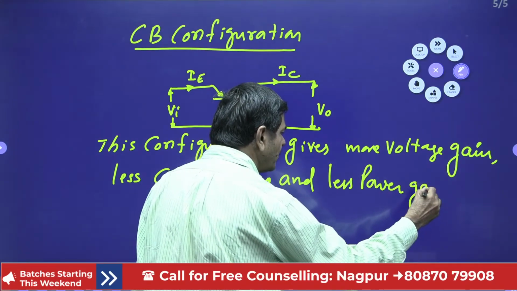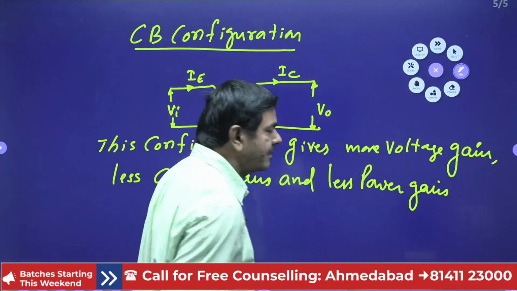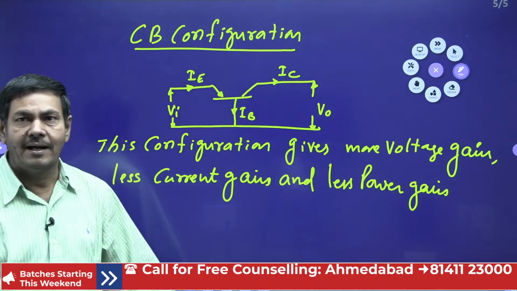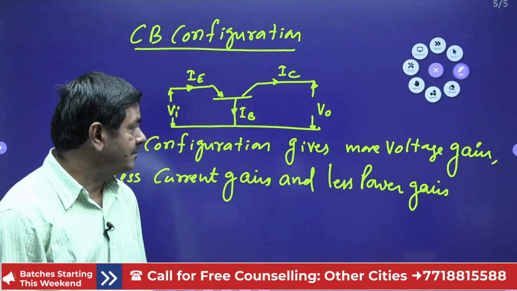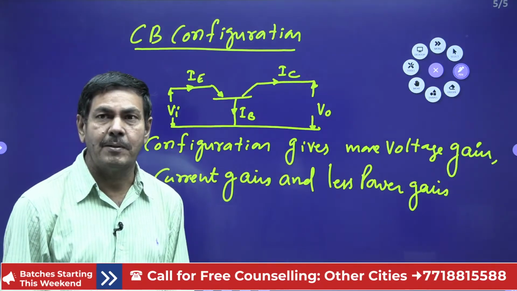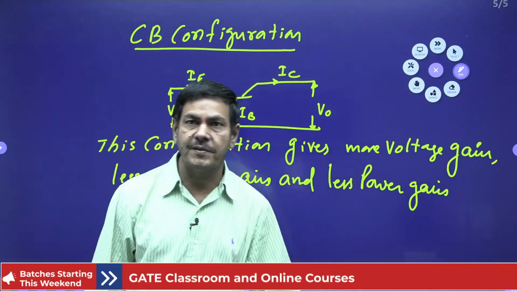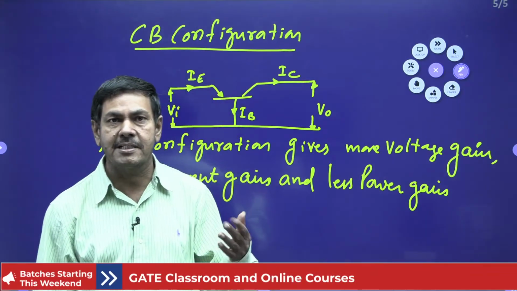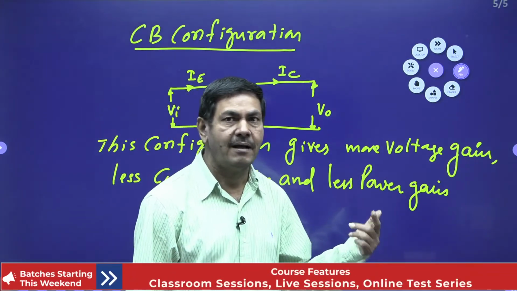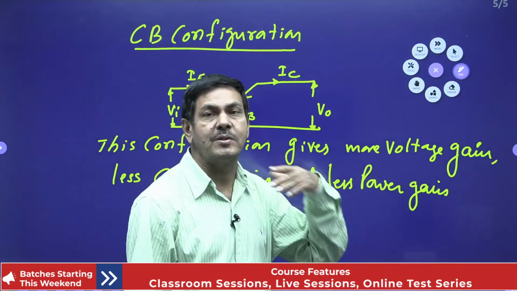You can expect one more question in GATE or PSU or IES engineering services also. It is asked here: common base voltage gain more and current gain less is required, meaning the type of configuration used is dash: common base, common emitter, common collector, all. You can say common base only.